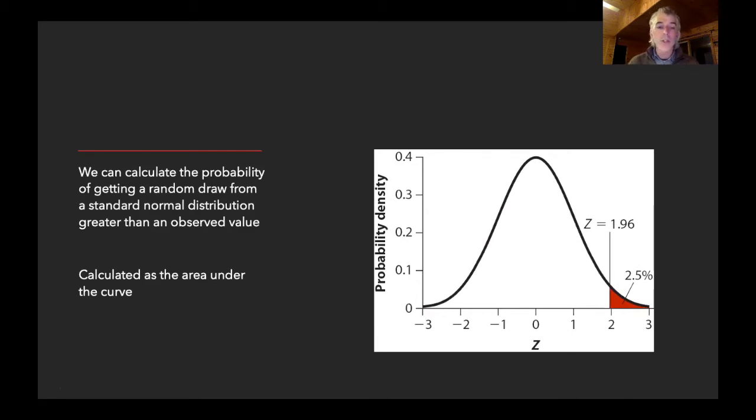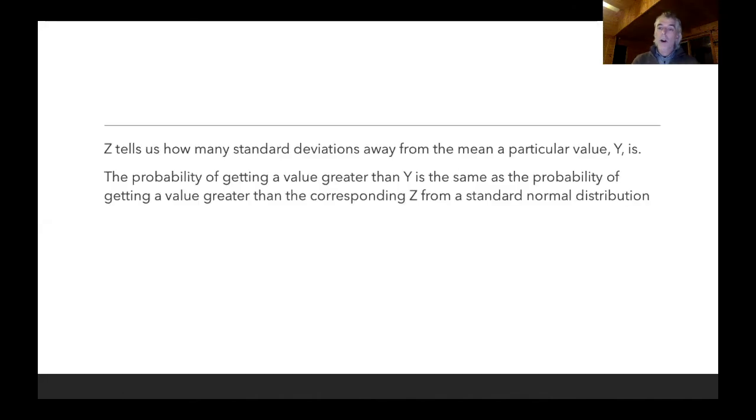The p-value just representing the probability of getting a value as extreme or more extreme than our observed value. So our z-scores then tell us how many standard deviations away from the population mean a particular value is. The probability of getting a value greater than that observed value then is the same as the probability of getting a value greater than the corresponding z-score from a standard normal distribution.